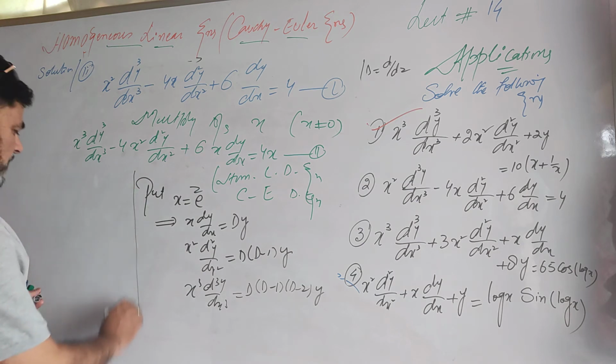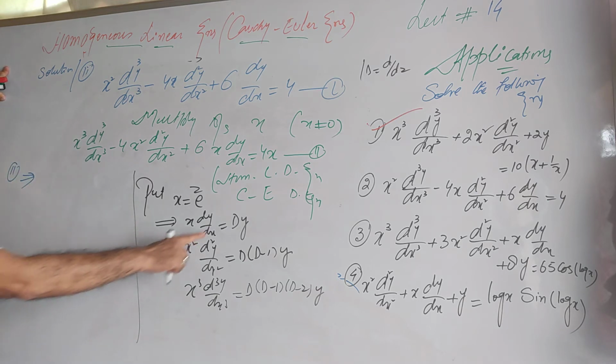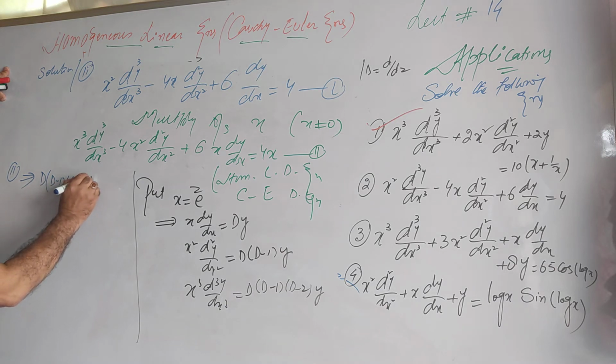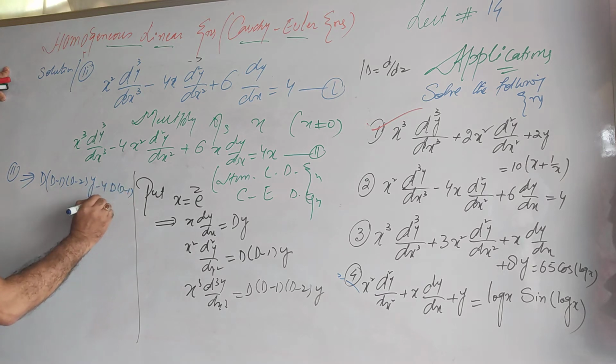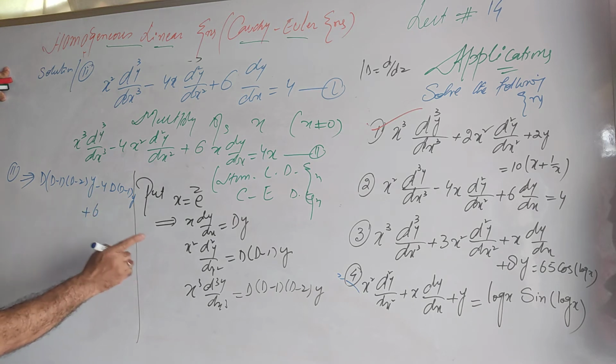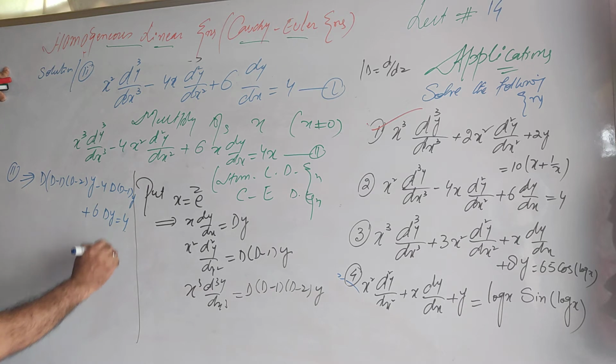Therefore, by this substitution, the second equation gives D into D minus 1 into D minus 2 y minus 4 times D into D minus 1 y plus 6 Dy is equal to 4.